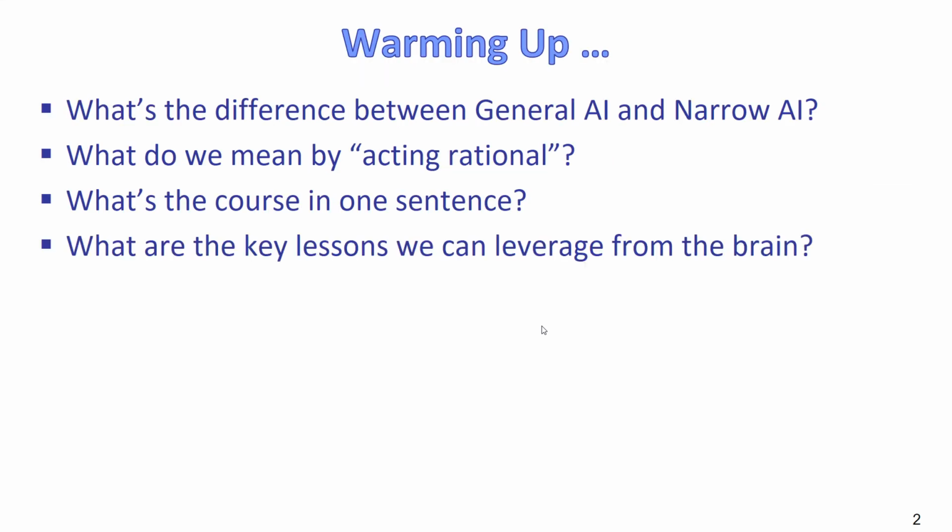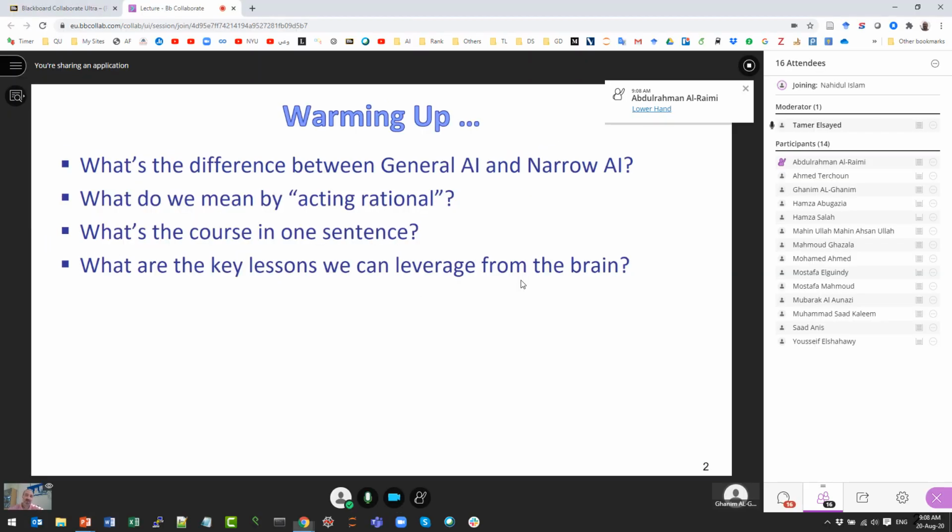The last question here: what are the key lessons we can learn or leverage from the brain? We mentioned 2 lessons last time that we will use a lot in our course in designing AI agents. Abdurrahman?